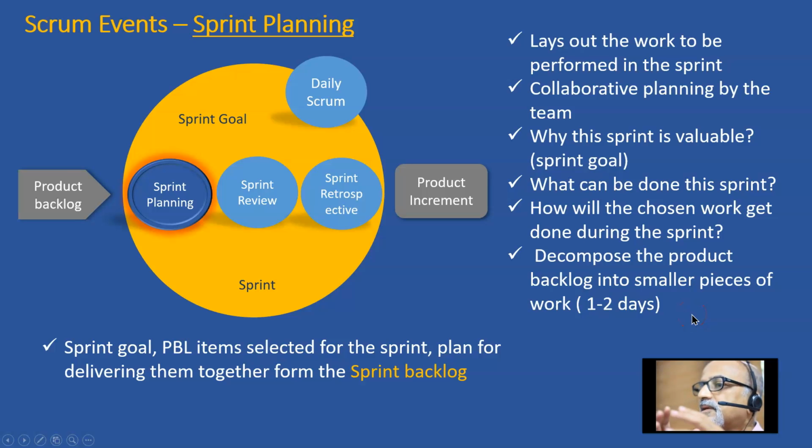So that means during the planning meeting, the first half is about deciding what features can be done during the sprint, and in the second half the team decomposes those features into activities that can be completed in 1 day's time. Each task should not run for more than 1 day. In exceptional cases maybe 2 days, not more than that, but always we should strive for that 1 day. A task should get over in a day's time. That is the thumb rule prescribed by the Scrum Guide.